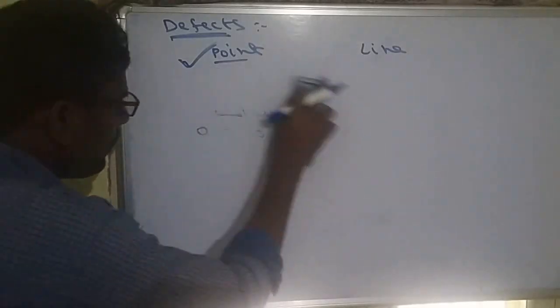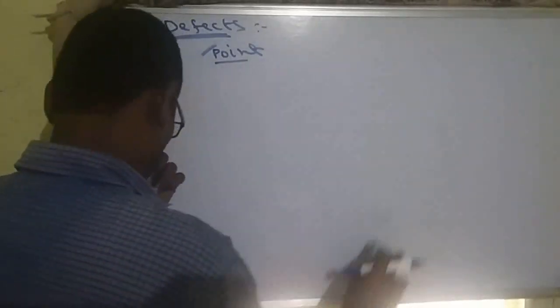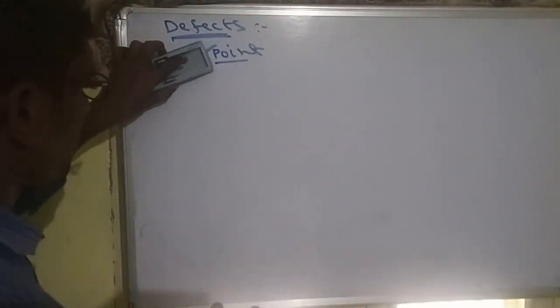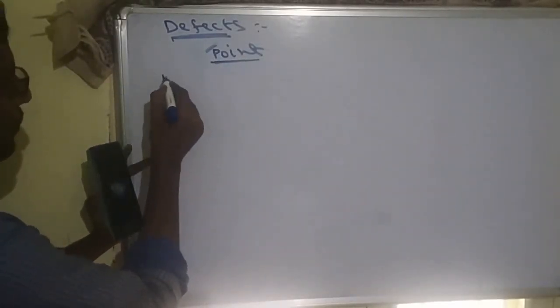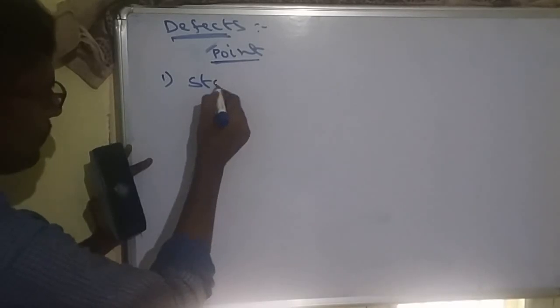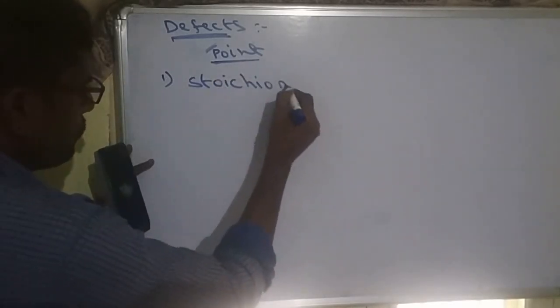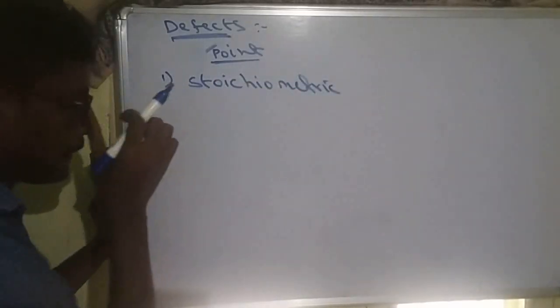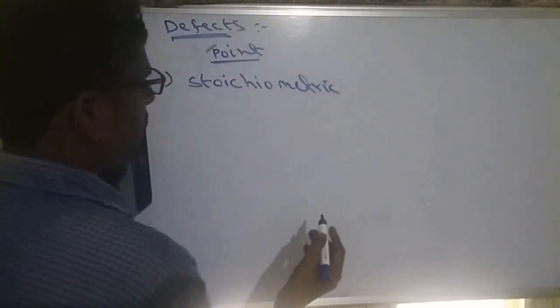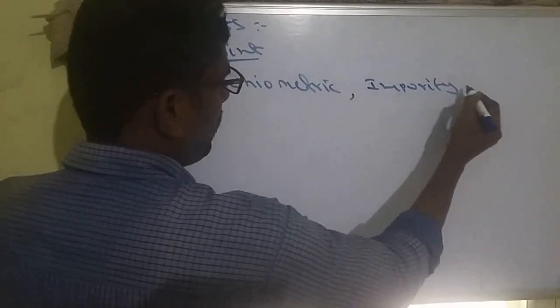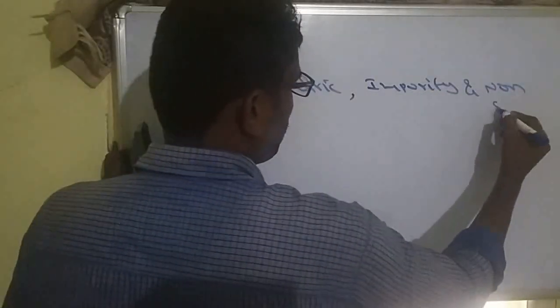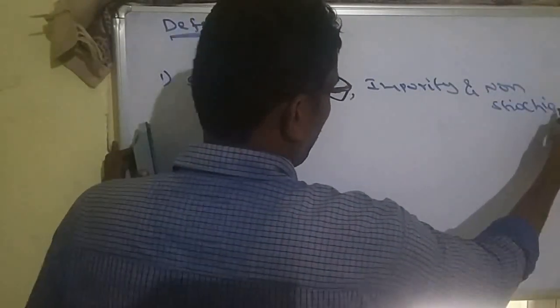Further, point defects are classified into stoichiometric, impurity, and non-stoichiometric.